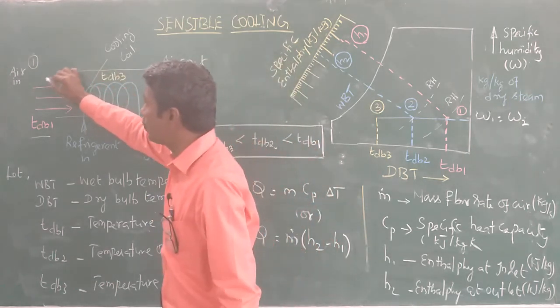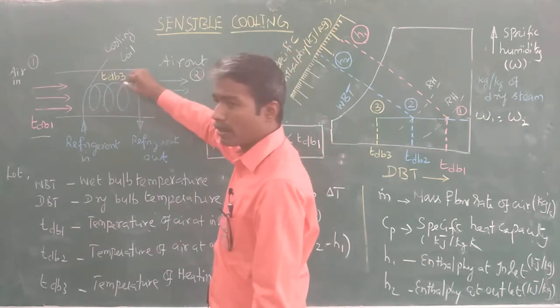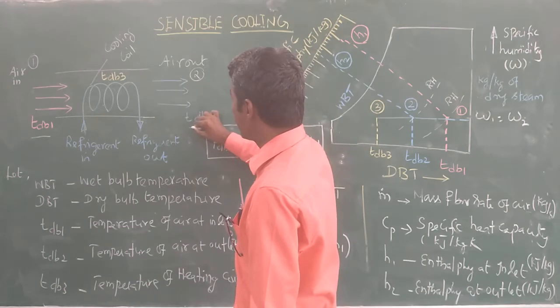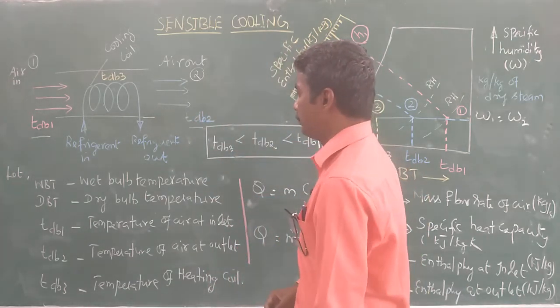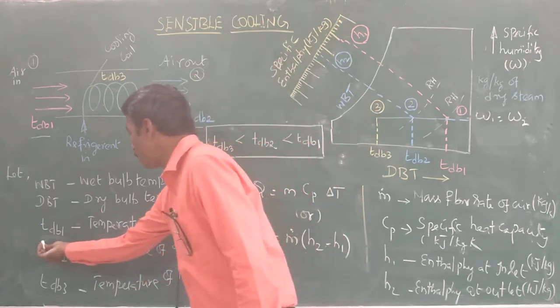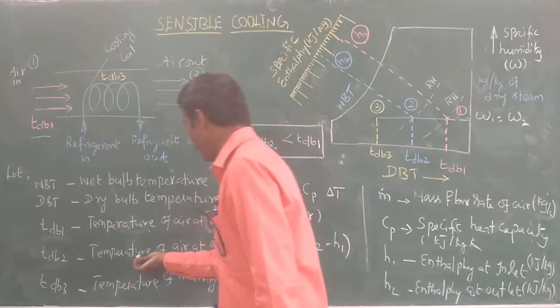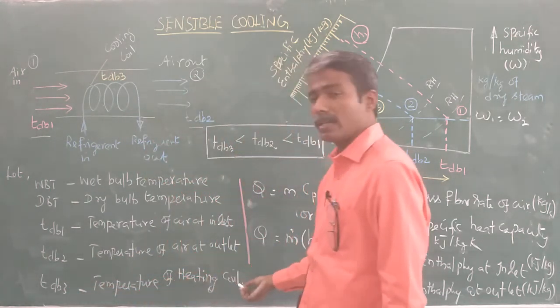Inlet temperature is higher, outlet temperature is lower because of the cooling coil present within the duct. The temperature of the outlet air is TdB2, dry bulb temperature at point 2. So TdB1 is the temperature of air at inlet, TdB2 is the temperature of air at outlet, and TdB3 is the temperature of the heating coil.